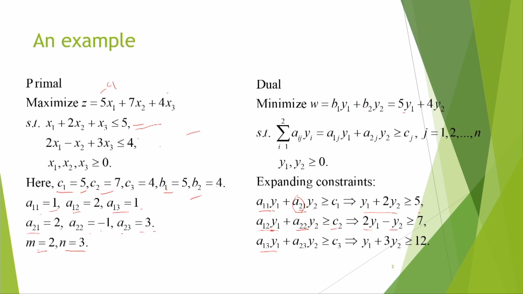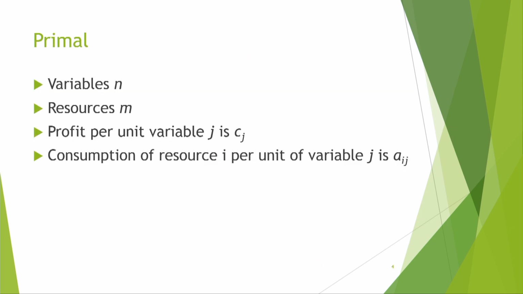So, this is the first resource, A11, that means the first resource used for making 1 unit of this one. Similarly, the first resource used for making 1 unit of x2. This is A13 because A13 is multiplied by x3. So, that is why it is the first resource, but used for making this one. So, therefore, understand that consumption of resource i per unit of variable j is Aij.